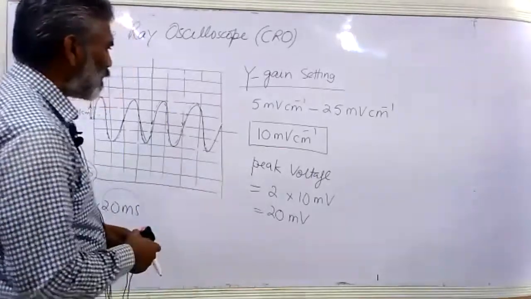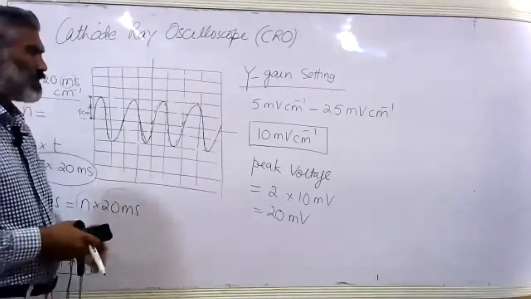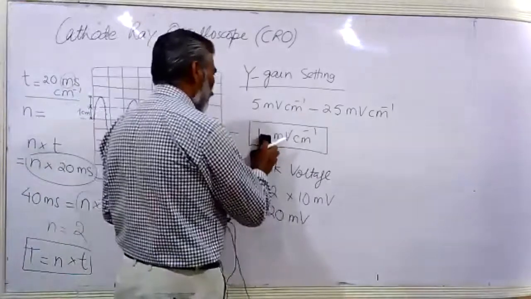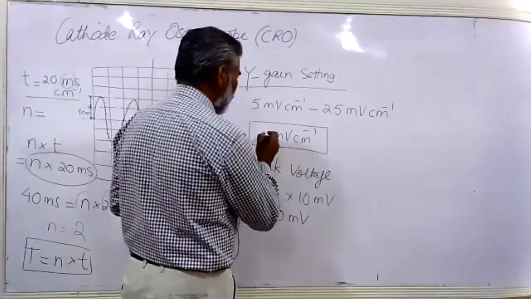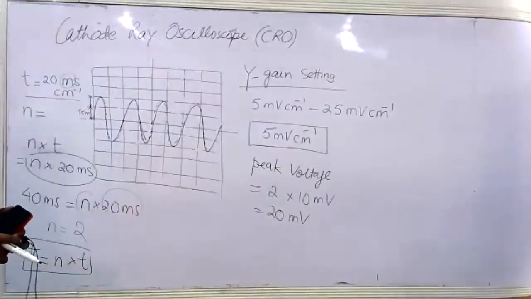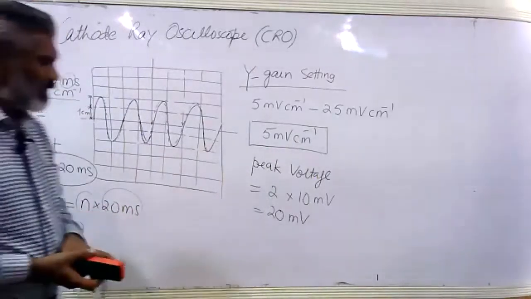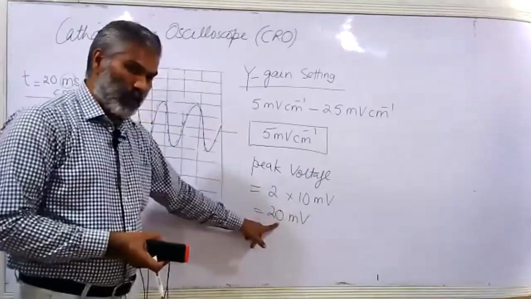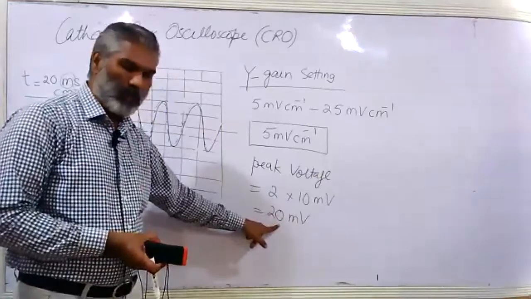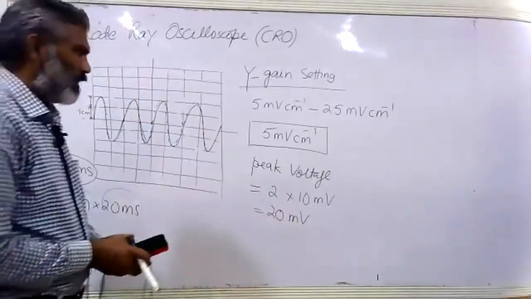But what happens to the height of this signal when we change this Y gain setting? Suppose we choose a smaller value. Let's say this is 5 millivolt per centimeter. 20 millivolt is already known to be the peak value of this signal, and that is not going to change, like the time period and frequency.